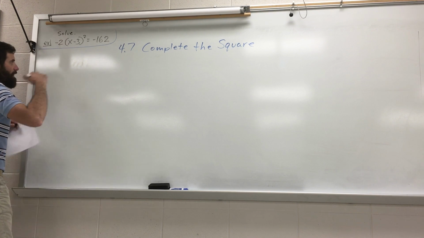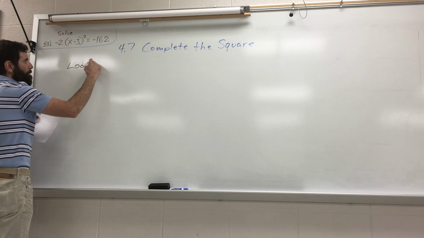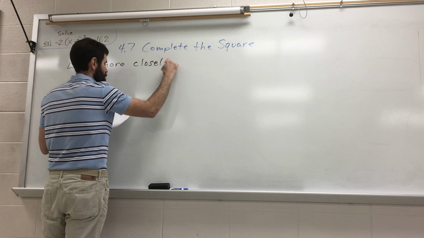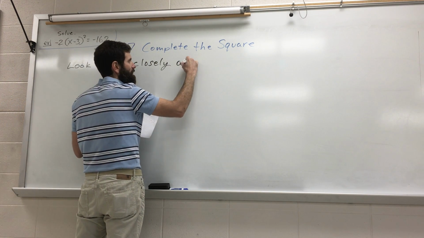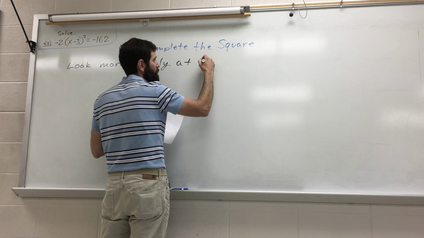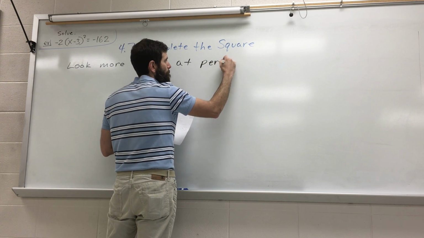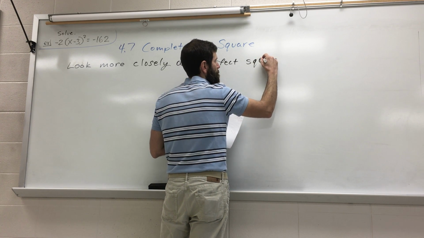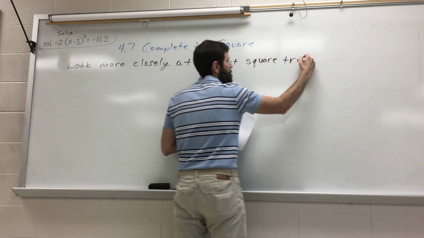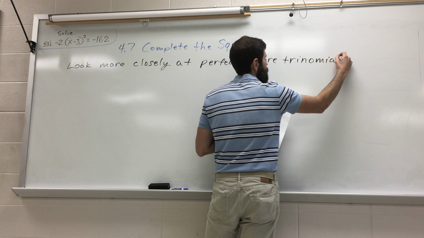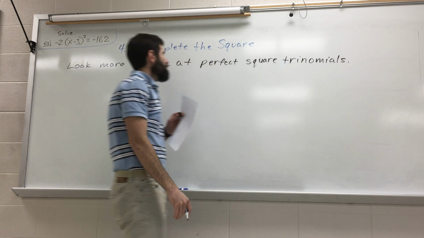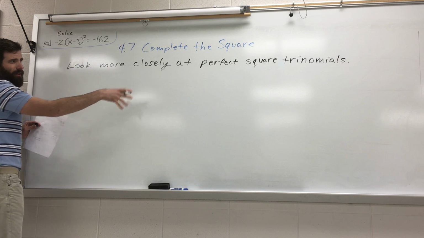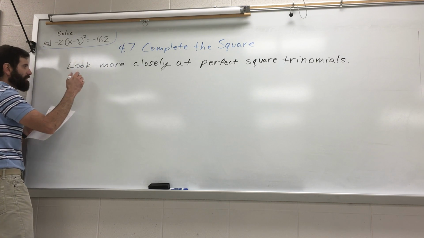So what I want you to do is look more closely at some of those perfect square trinomials. I gave you a couple of them just a second ago, but write these down.